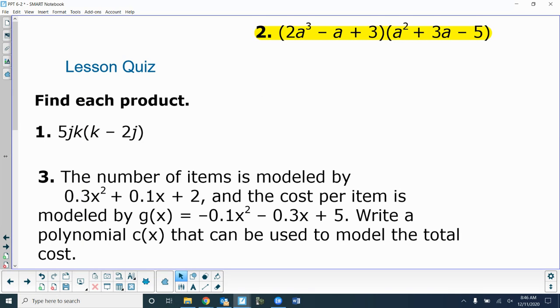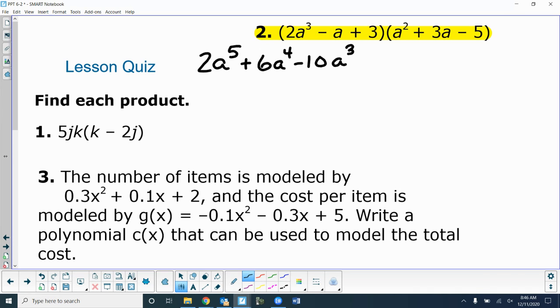All right. So I have a 2a to the 5th to start, right? So this is going to have a degree of 5 when we're done. And a 6a to the 4th, and a negative 10a to the 3rd.